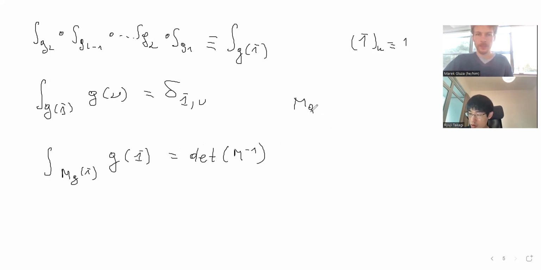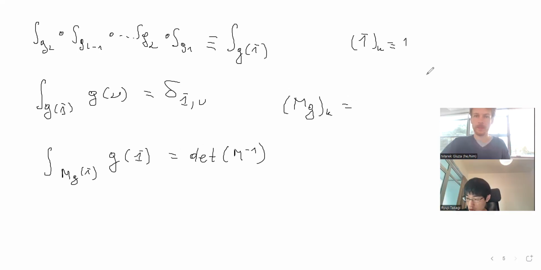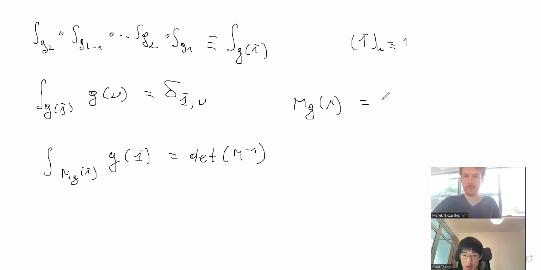And mg has a natural definition that the elements of such a vector, mg of mu, is basically an ordered vector of mg1, mu1.